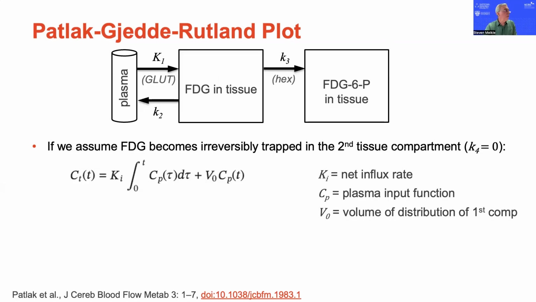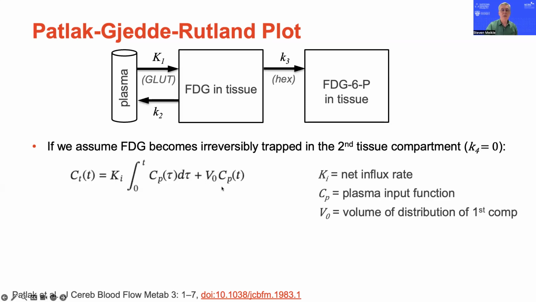If that's the case, we can now write down an integral equation, operational equation, that describes the tracer concentration at any point in time in terms of the integral of our plasma arterial input function with this coefficient. And there you see our parameter of interest out the front, the coefficient Ki. That's the one we want.